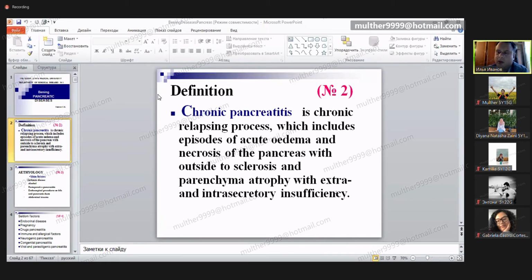It's a long-time process, I told you about the duration of this period, 2 weeks. After 2 weeks, we can see the translocation of the bacteria from the lumen of the duodenum to the retroperitoneal space.